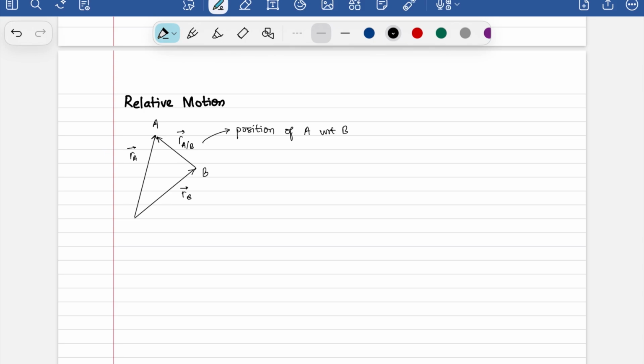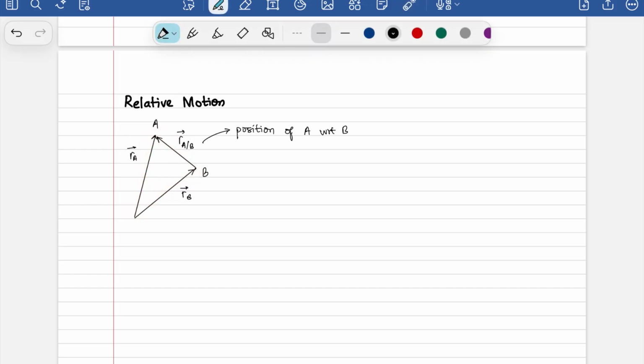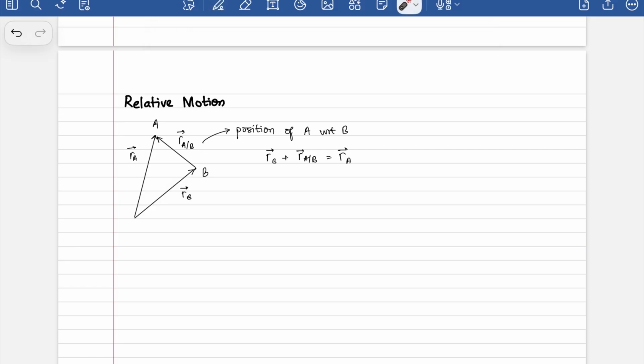So simply by vector addition, you can then state that, well, maybe you should think about how these vectors are related. There's this vector, and this vector. How are they related? Position vector B plus position vector A with respect to B is equal to position vector A. I hope you got that.